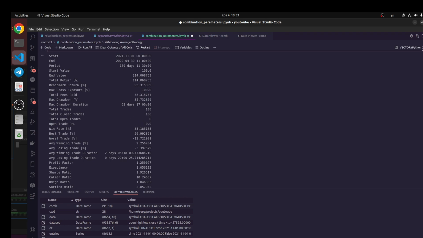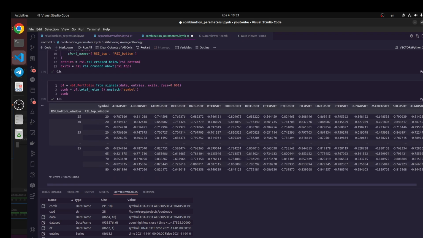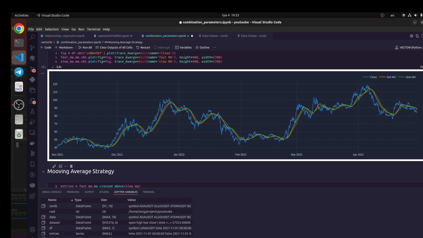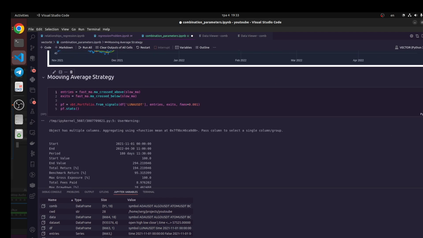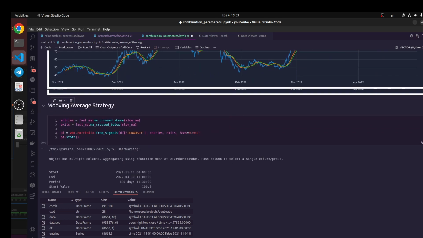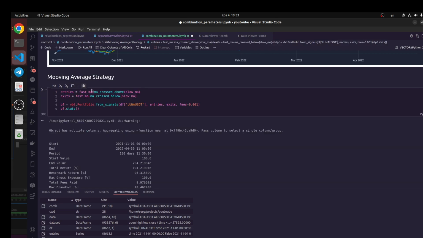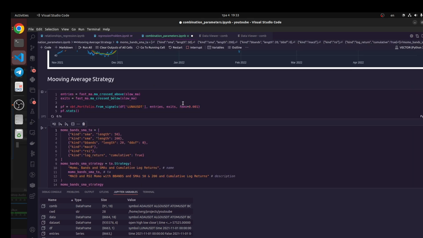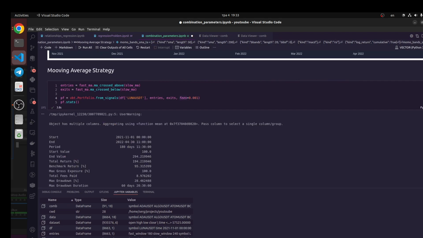Okay, more than 100 trades for RCI, but for the moving average there would be fewer trades. Okay, let's look at what it is.